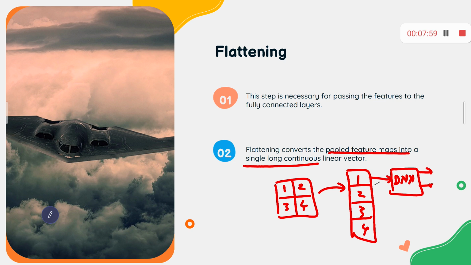The output of this is whatever you want: classification, object detection, face detection, all that is done through the application of a DNN. So that is necessary for passing the features to the fully connected layer.